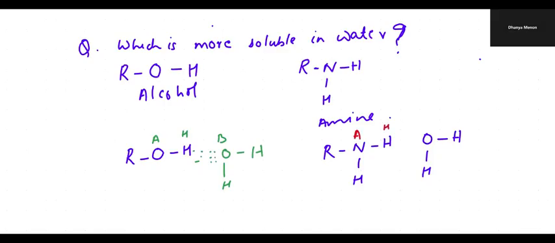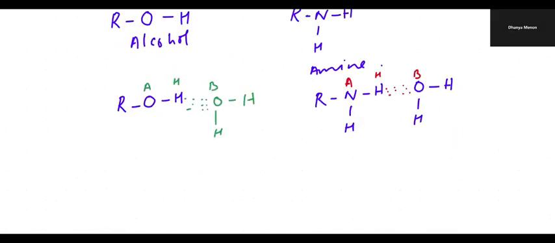So there can be a hydrogen bond formation here also. Now, one of the necessary conditions that we learned is for strong hydrogen bond, electronegativity of A should be more. So if electronegativity of A is more, hydrogen bond is stronger.